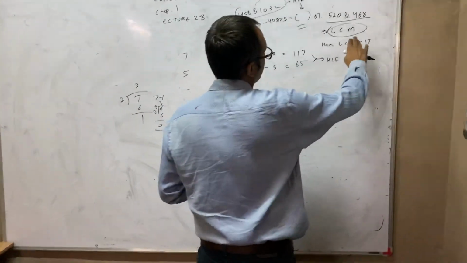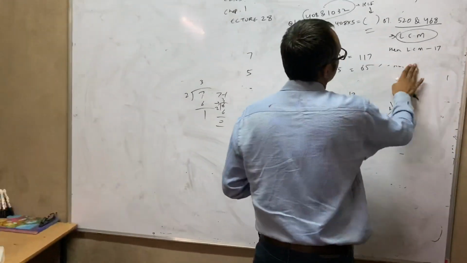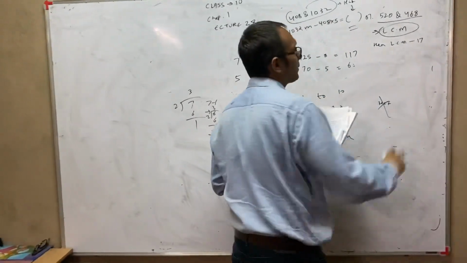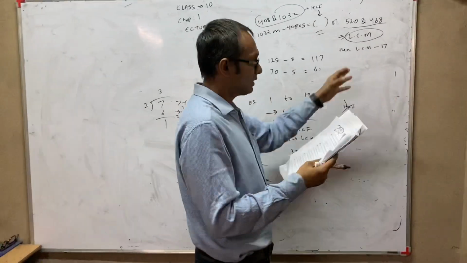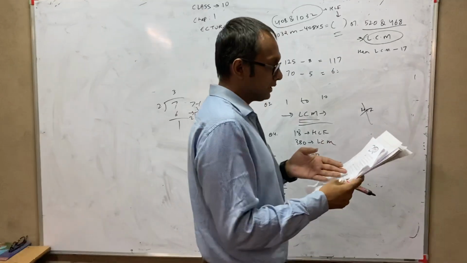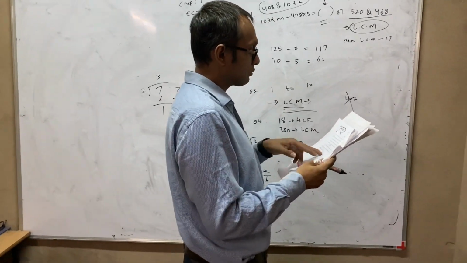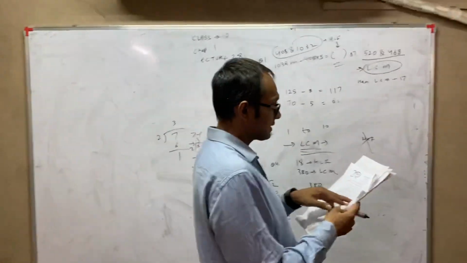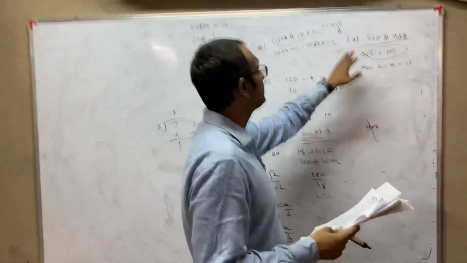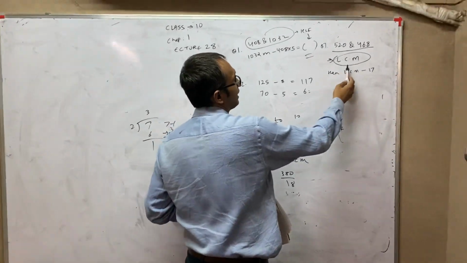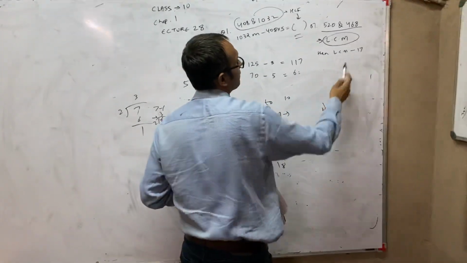And now this LCM you subtract by 17, and this will be the answer, because if you add 17 to it, then it is exactly divisible by both numbers, as the question asks. So again I am repeating, first find the LCM, and after you find the LCM just subtract 17.